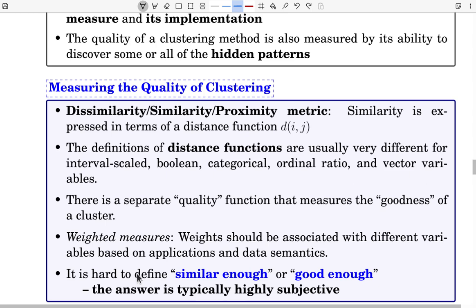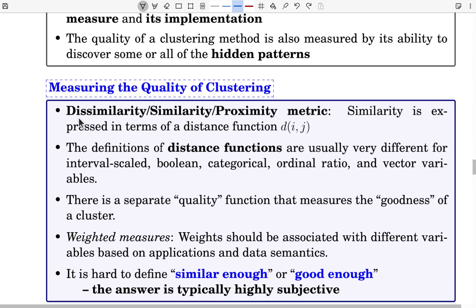And also, depending on the person who is dealing with the data, the answer can be different. So for the quality of clustering, the answer is typically highly subjective.